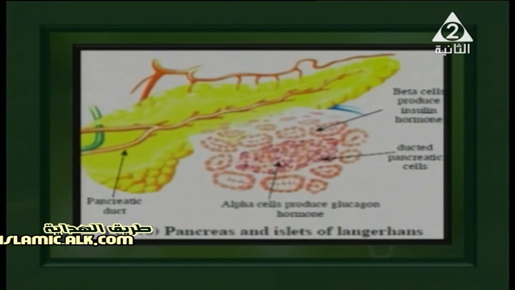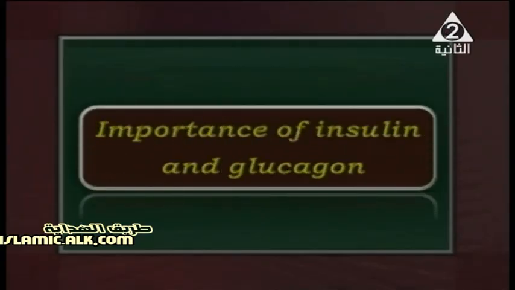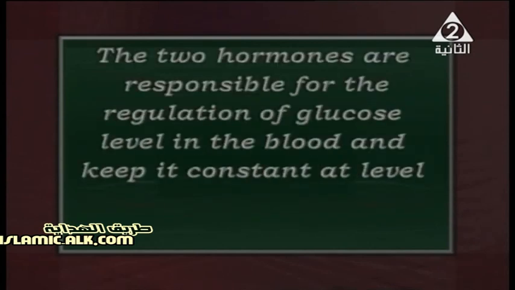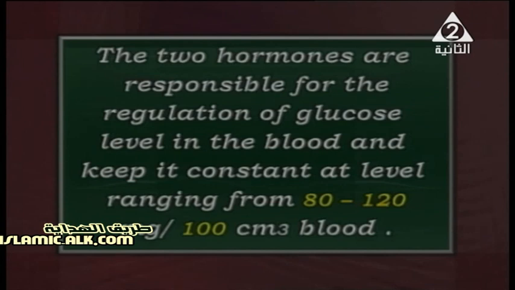Well, the importance of insulin and glucagon hormones: number one, there are two hormones responsible for regulation of the glucose level in the blood, and they keep the blood glucose constant at a level ranging from 80 to 120 milligram per 100 cubic centimeter of blood.